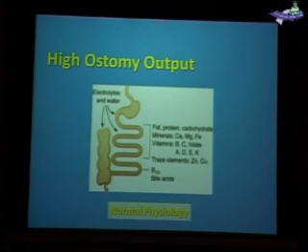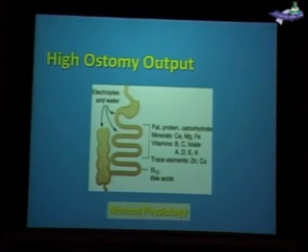So high stoma, high ostomy output. It's good to get an idea about the normal physiology. So there are about an average of 10 liters, give or take, that get absorbed through the GI tract, from the stomach all the way down to the anus. So the more proximal your stoma, the more chances of dehydration.